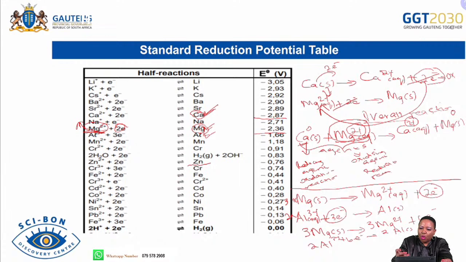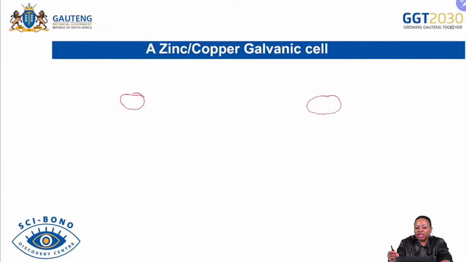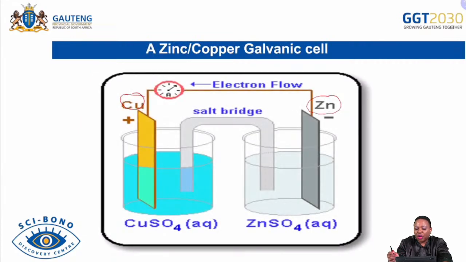It means copper will be below. Here is copper. So it means our copper will be our weaker reducing agent. Therefore, zinc will undergo oxidation, whereas the copper half cell will undergo reduction.